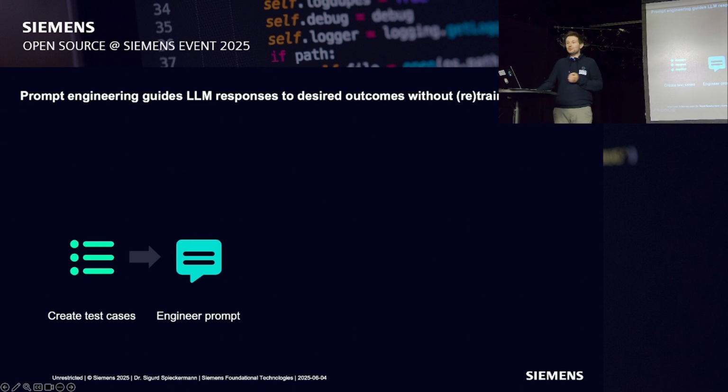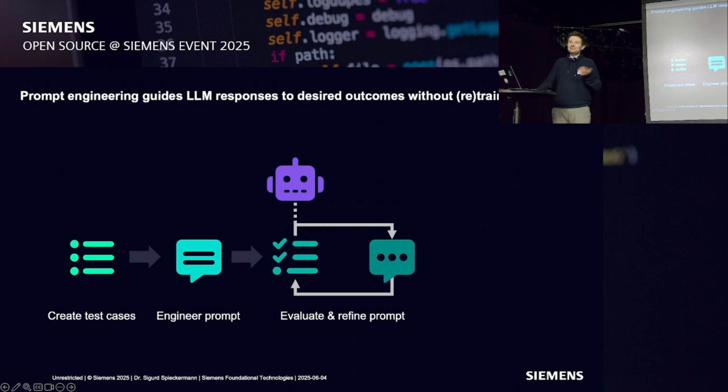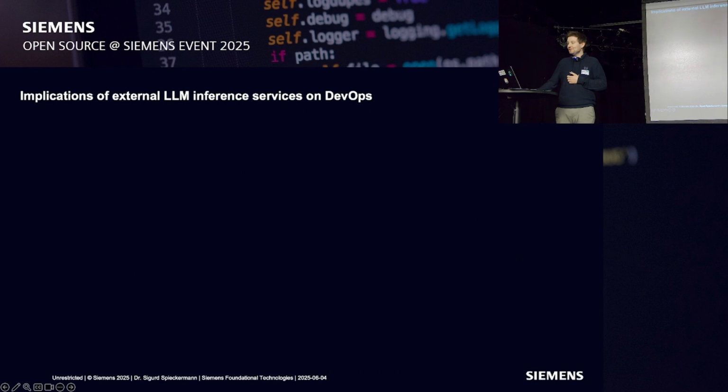Then you engineer a prompt, then you evaluate it on a test set, maybe iterate a little bit, and in the end you ship. Maybe it could be the whole application, or you just publish a prompt. Depends. And when you do that, very often you use centrally hosted LLMs like one from OpenAI or all kinds of vendors that exist. Could also be self-hosting open weights LLMs, but the point is they're hosted centrally.